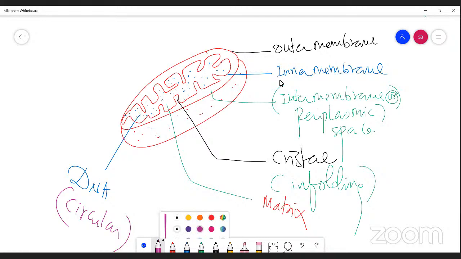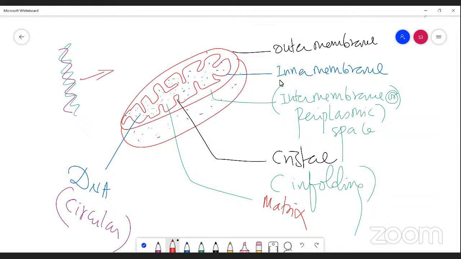Generally, DNA is a helical structure, as we have discussed. But here, this circular shape of mitochondrial DNA is found in plants and some other organisms, but especially in plants, right? In human beings, it is found as a linear-like projection, whereas in plants, it is found as a simple circular shape.